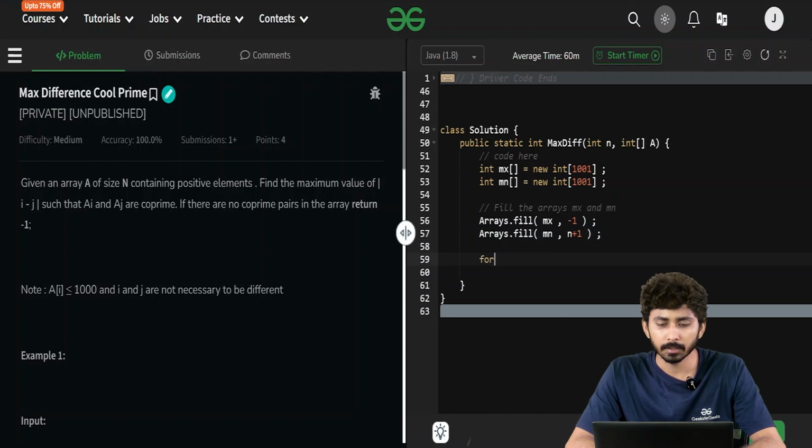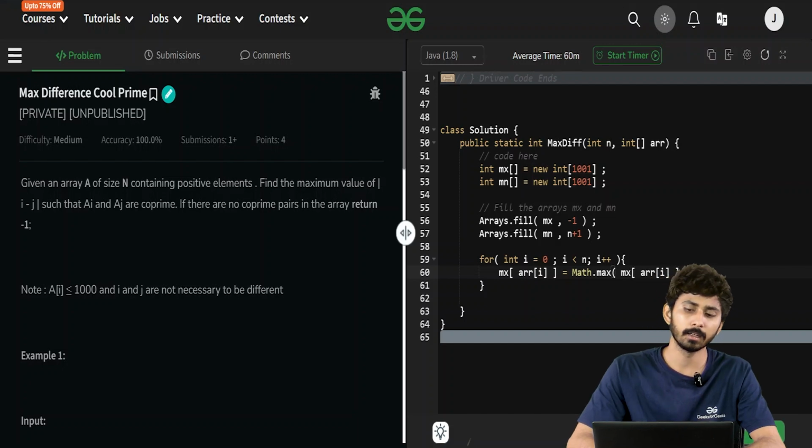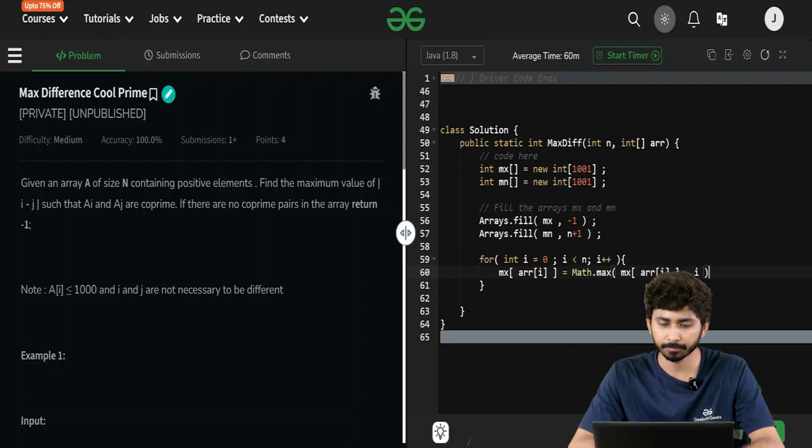Now start the iteration of this array. Integer i equals 0, i is less than n, i plus plus. Okay, now I'll change this name to arr. Here, maximum of arr of i, its index will be what? Its index will be the maximum of the value already present for that element, compared with i.